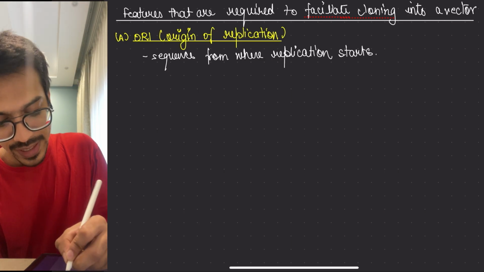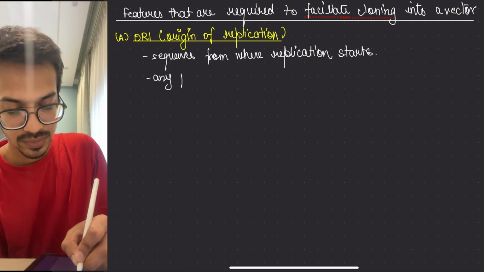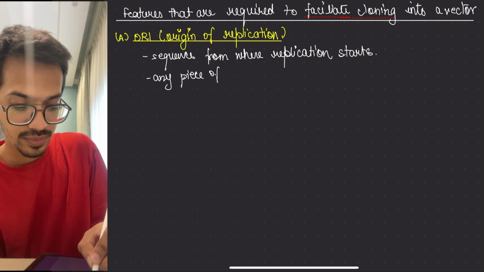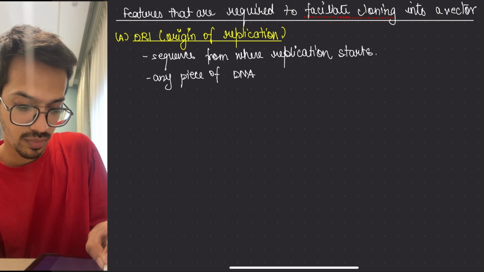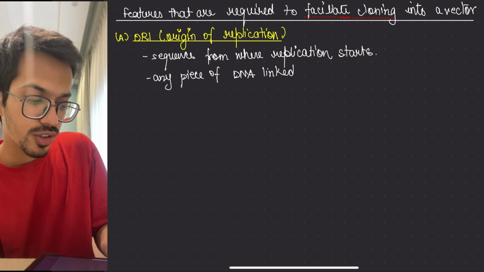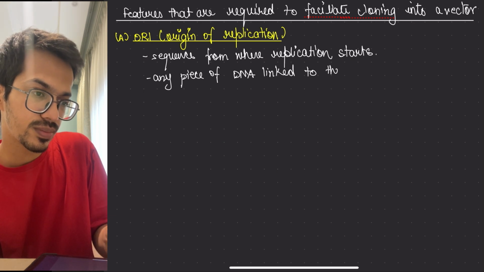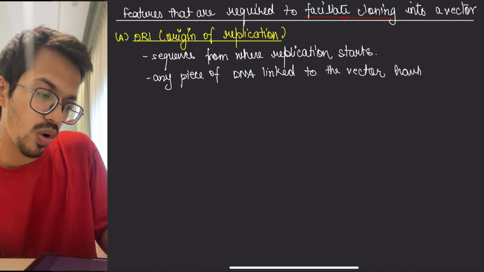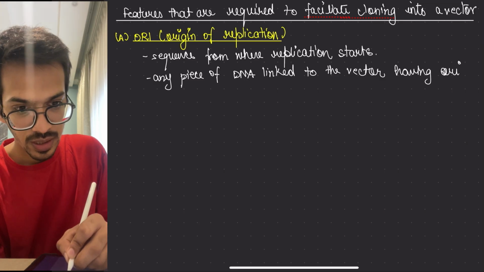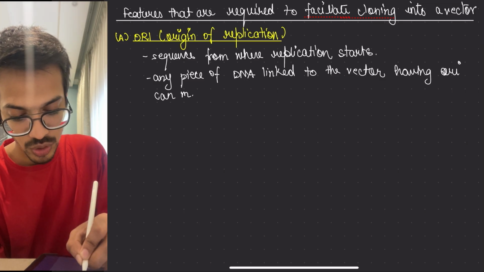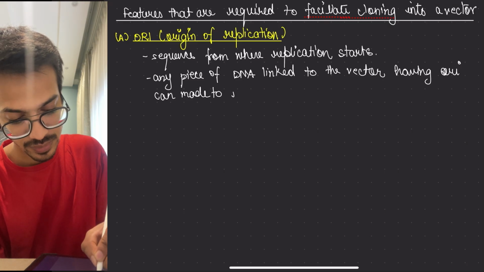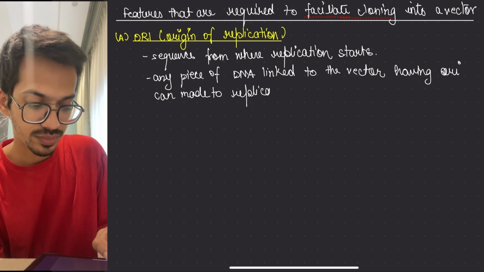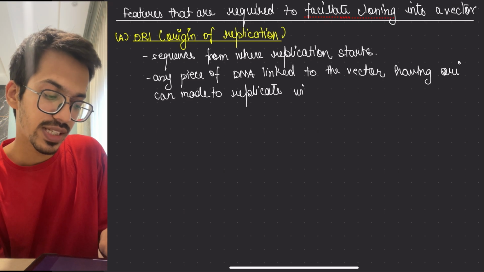Then any piece of DNA linked to the vector having ORI can be made to replicate within the host cell.